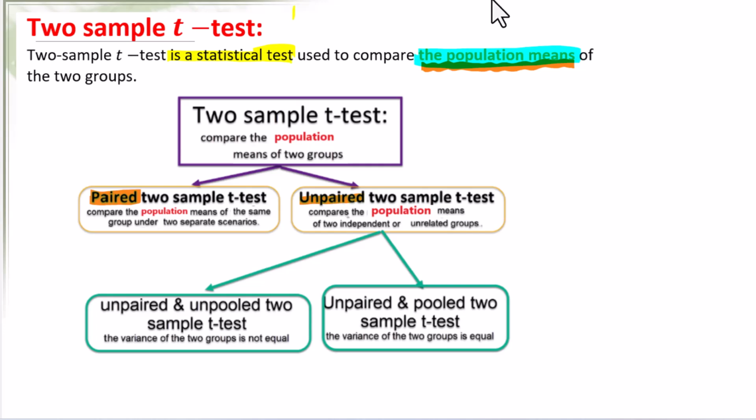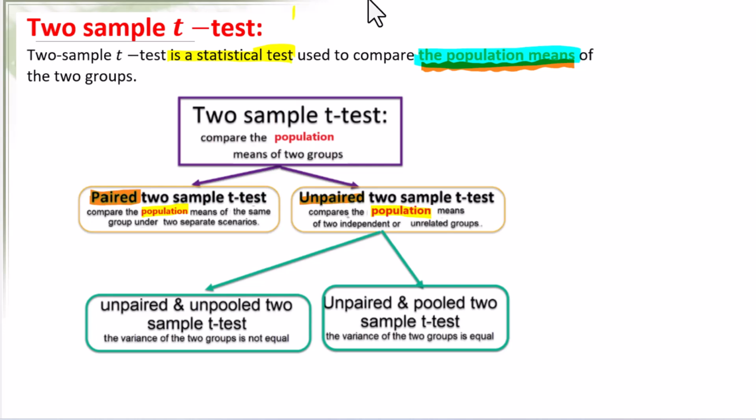Paired two-sample t-test is comparing the population means of the same group under two separate scenarios. Unpaired two-sample t-test is comparing the population means of two independent or unrelated groups.